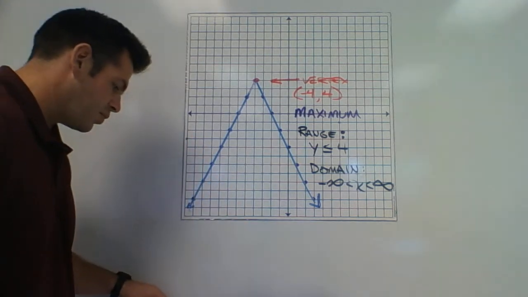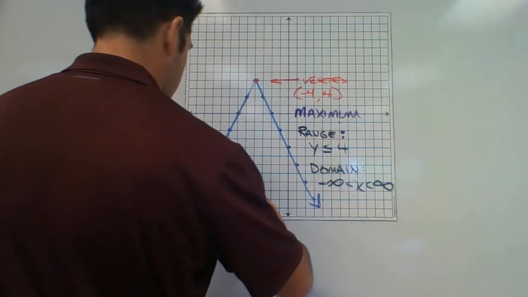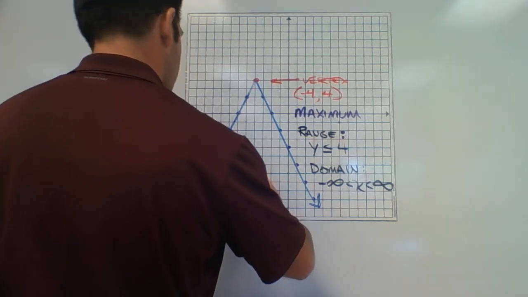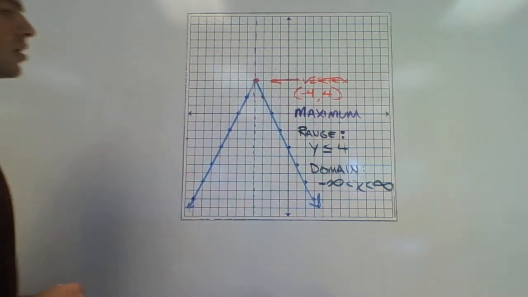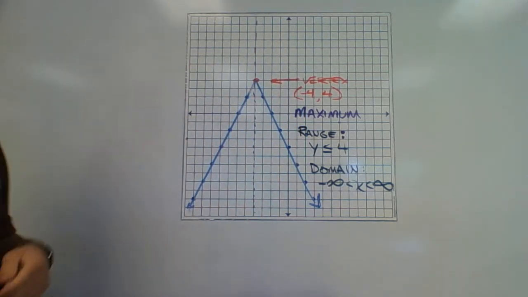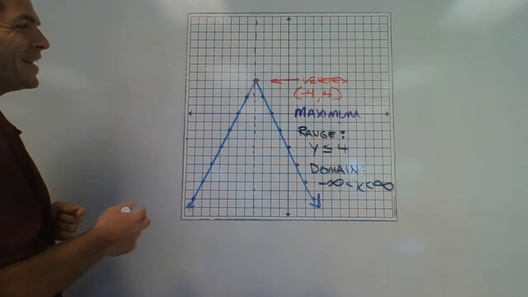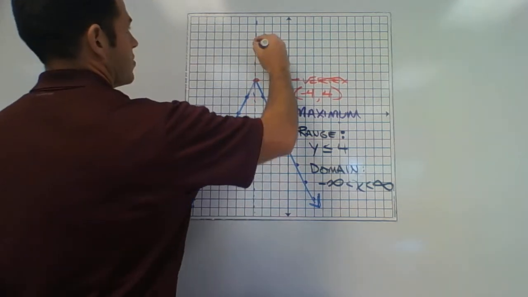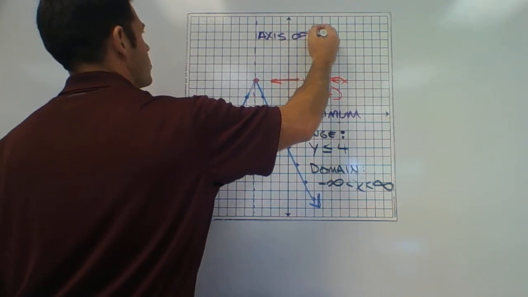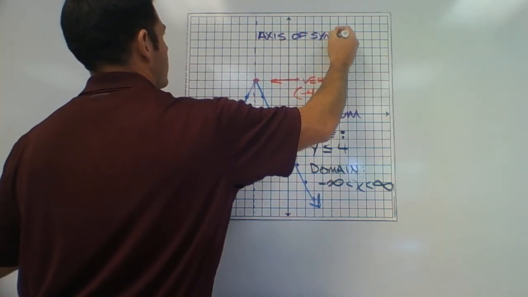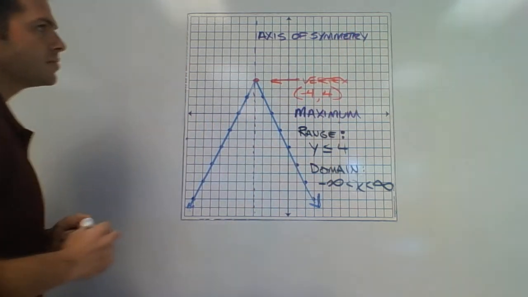Other information we can point out from the vertex is the axis of symmetry. And I just drew in a dotted line, and it's not a part of the absolute value. But if I needed to label that axis of symmetry right here, you might have noticed or thought to yourself, it's actually a vertical line.